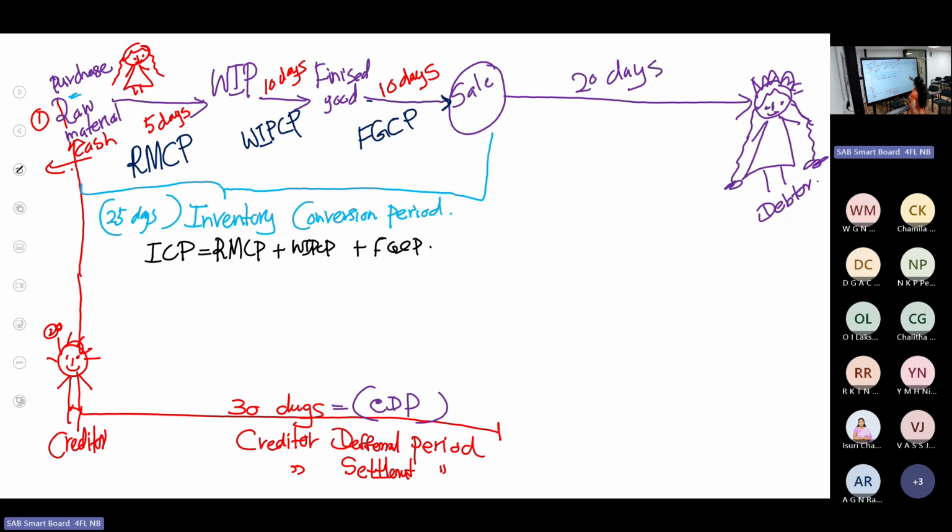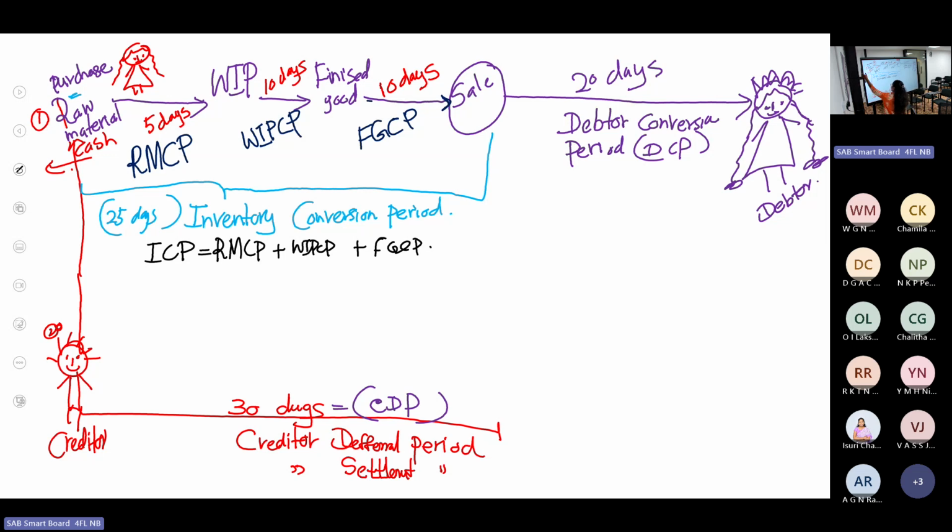We call this period, the days the customer takes to convert credit sales into actual cash, or the time period the customer takes to settle his balance, the debtor conversion period. Abbreviation DCP, debtor conversion period, 20 days.